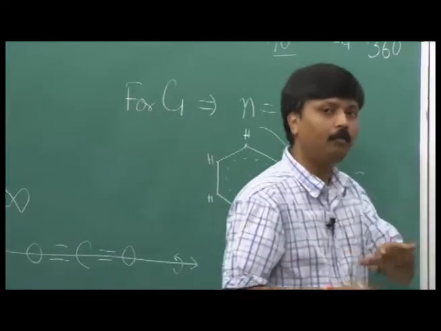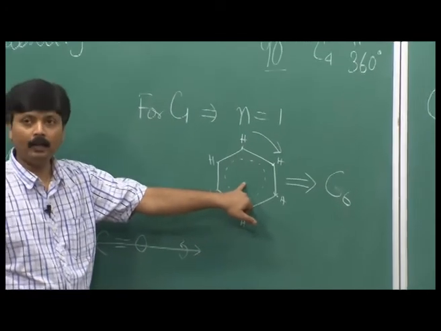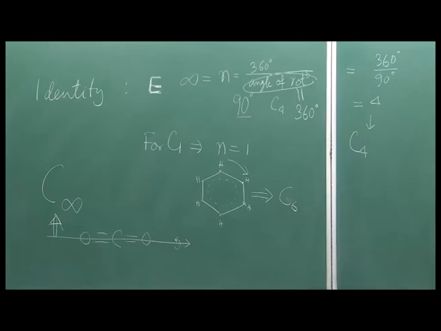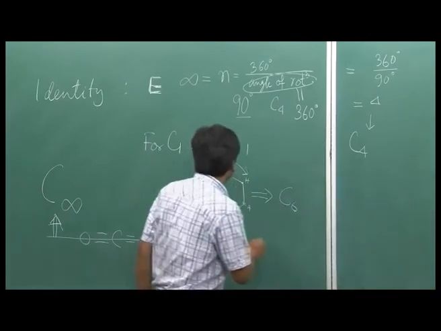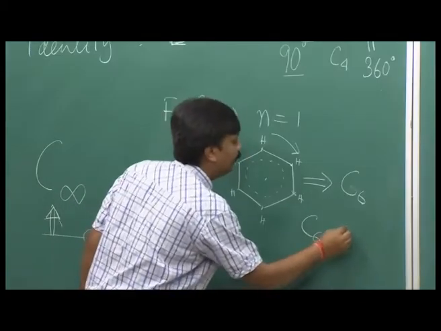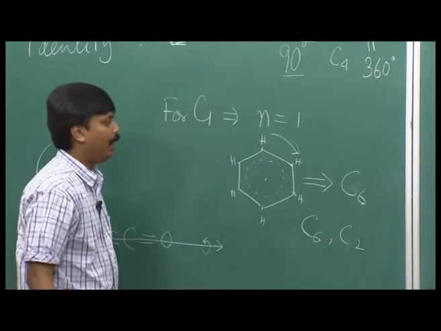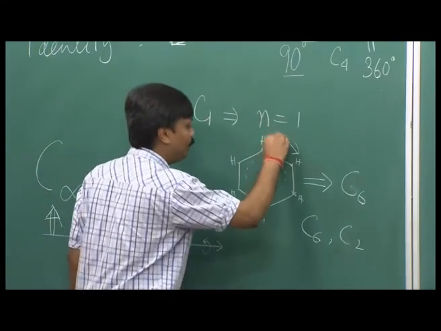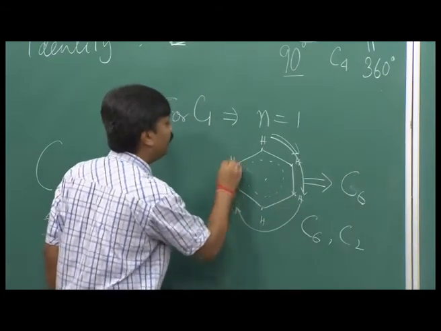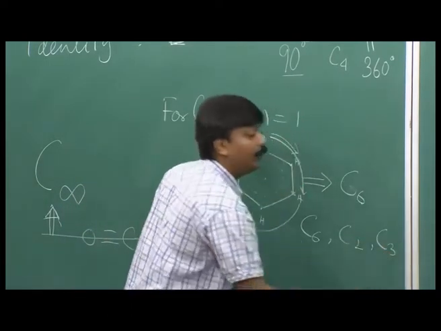Which is different from BF3, but again here this is not all, you can have many other rotational axes. For example, what you can see here, about this you have a C6 axis, you have a C2 axis, and you can come from here to here directly, and then from here to here and here to here by 120-degree rotation.